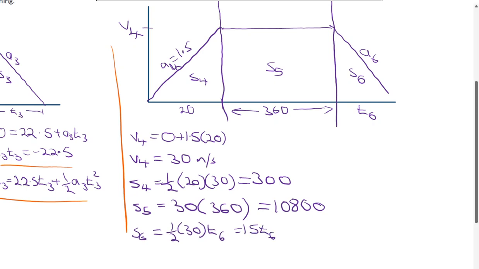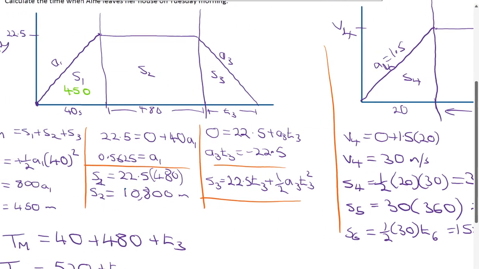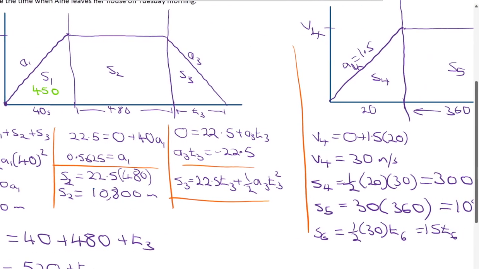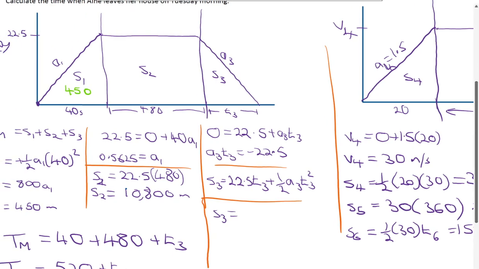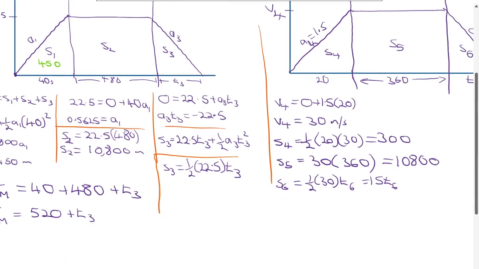So the pause there was that I realized I could have done S3 using the triangle here after me saying triangles. So S3 is also the area of that triangle, which is a half by 22.5 by T3.